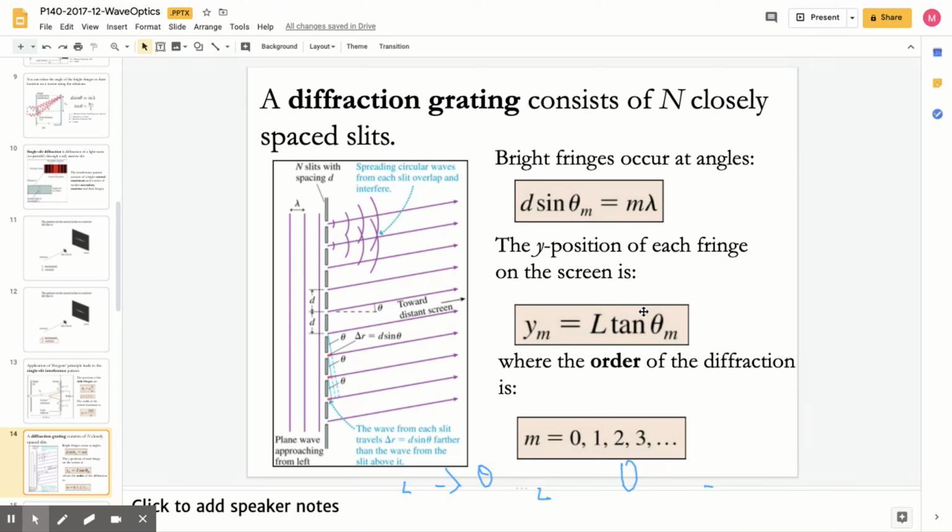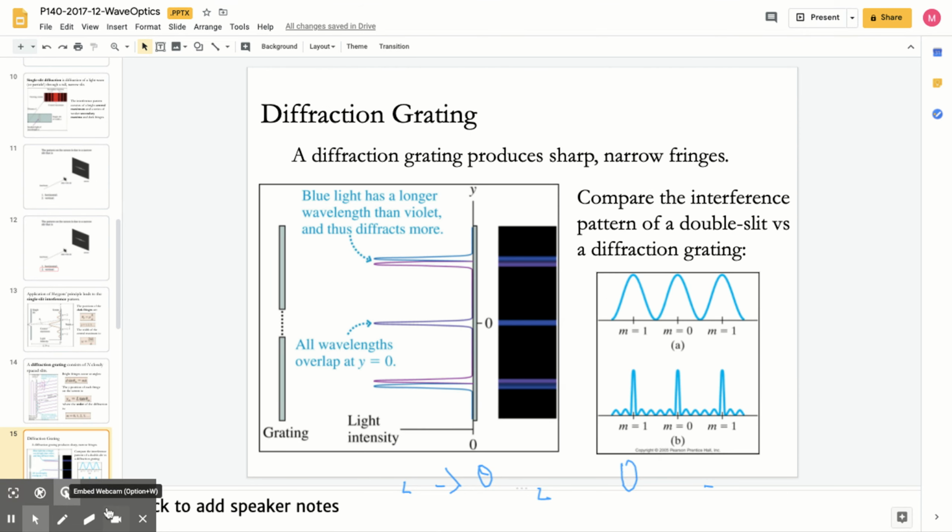The y position of each fringe: tan theta is equal to y, this height, over L, and so ym is equal to L tan theta. The order of the diffraction pattern, m, goes from 0 to however far you want to measure.